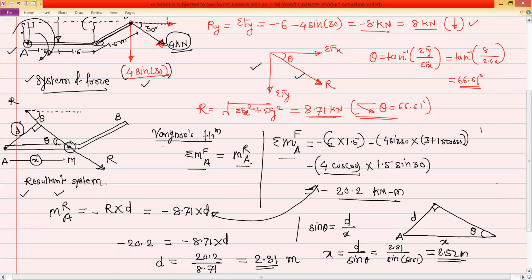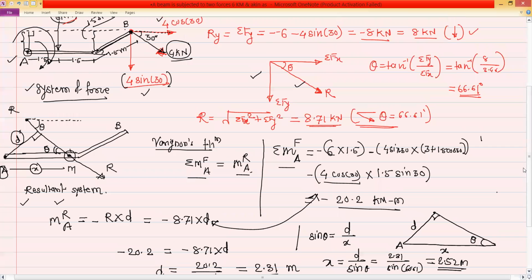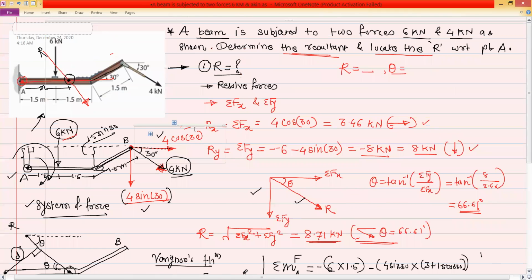That means this resultant will cut the x-axis at a distance of 2.52 meter with respect to point A. So we can represent that resultant on the original diagram. So this is the resultant and the x distance is equal to 2.52 meter.